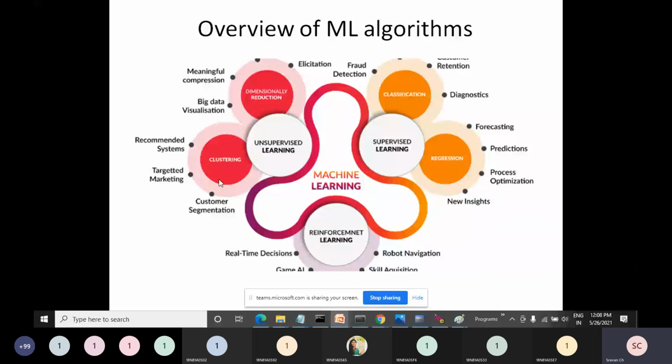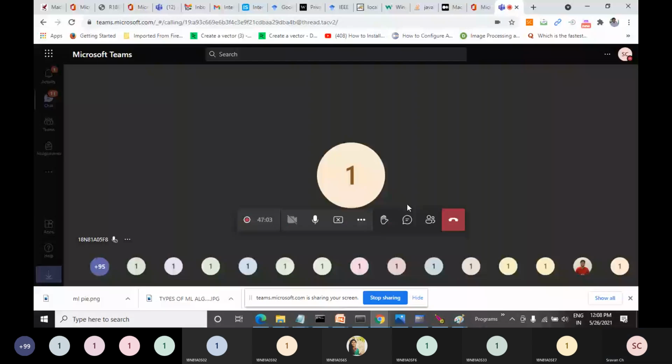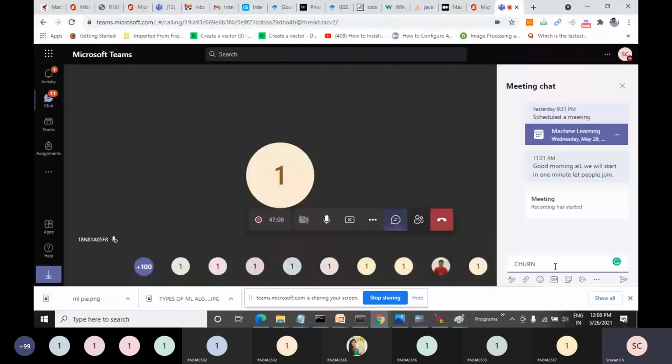Let us say this data belongs to a telecom company and it is related to churn. What do you mean by churn? Anybody knows what is churn? It is a word used in the telecom industry.